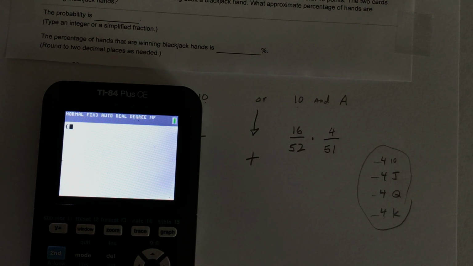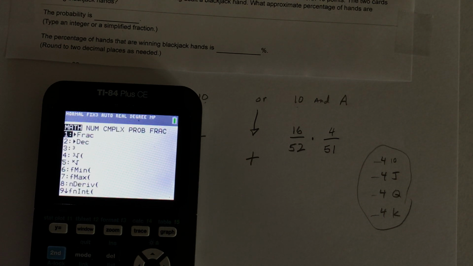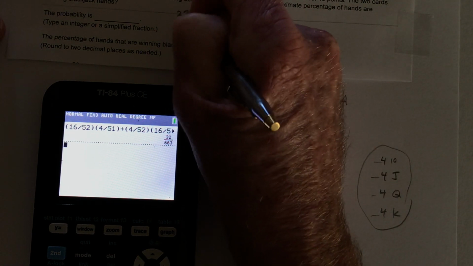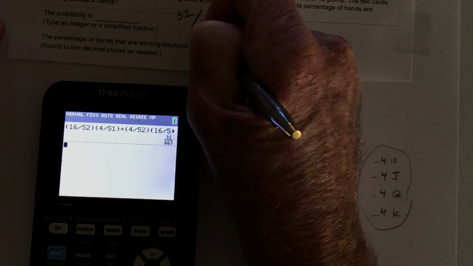So it is 16 divided by 52 times 4 divided by 51 plus 4 divided by 52 and 16 divided by 51. And then just go over here to the math key and change that to a fraction. So that is 32 out of 663.